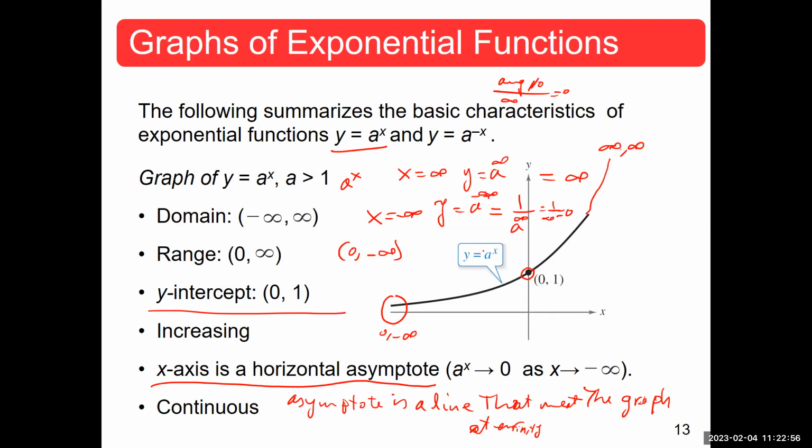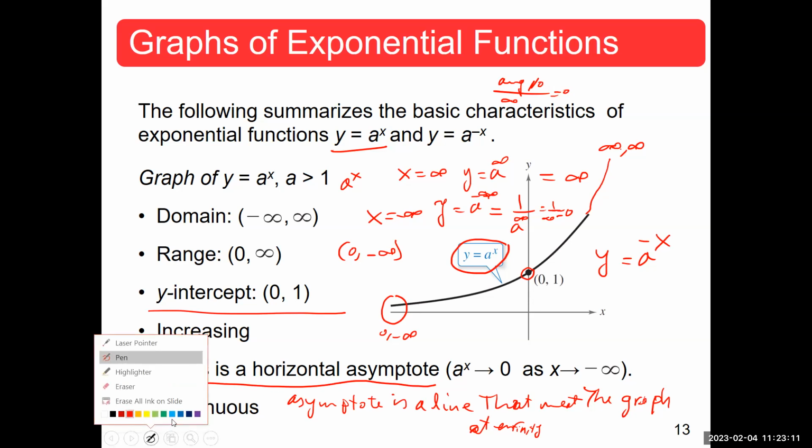Well, this is a graph for a to the power x. Can I do y equals a to the power negative x? Yes. What's going to happen? The graph will flip to the other side.